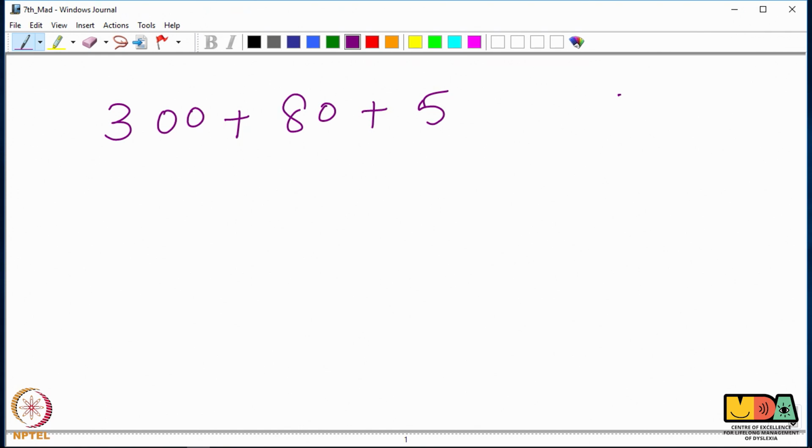It is 300 plus 80 plus 5 and the children are expected to write it as 385. There are some children who might write it like this, especially our SLD children. How are we going to help them overcome this difficulty? Let us see. Let us call our little tiny caterpillar. Let us see if the caterpillar is going to help these children.